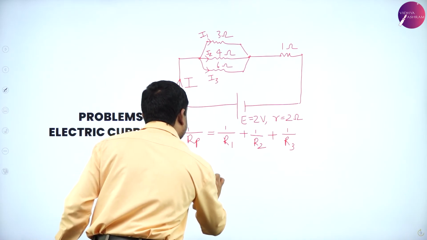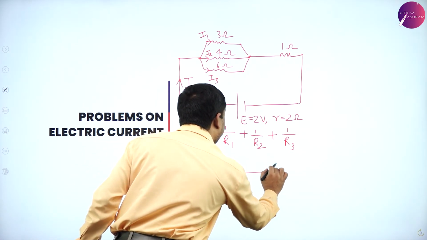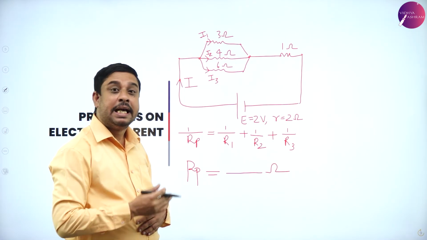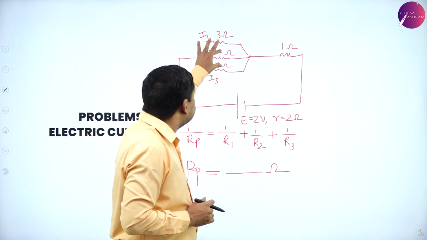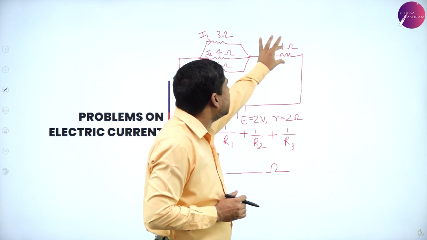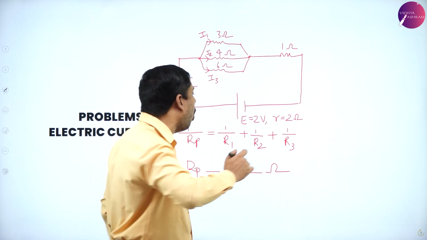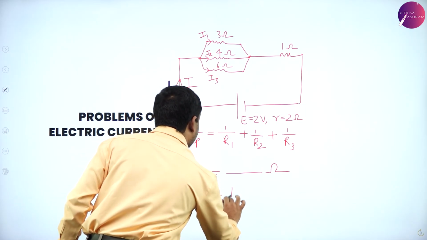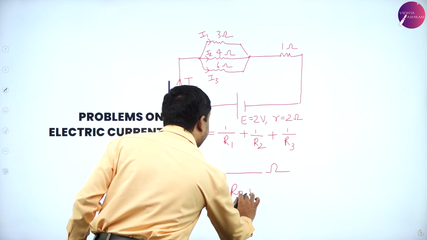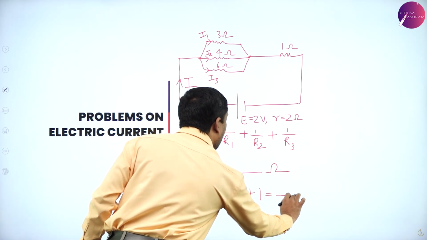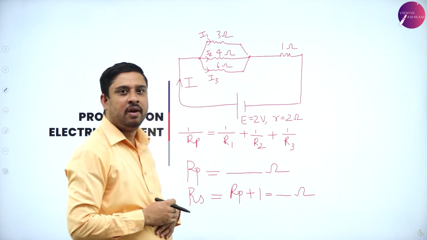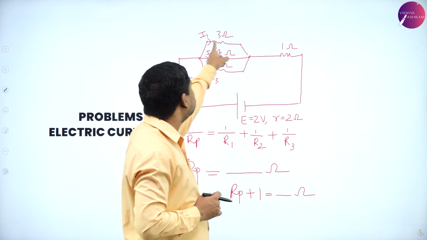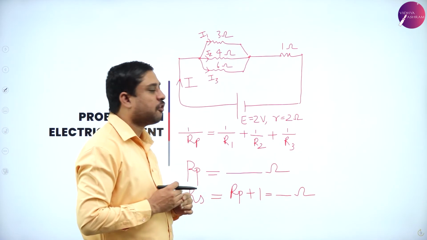Rp will be the reciprocal of the sum, so many ohms. Next, this Rp is in series with 1 ohm. So Rs is equal to Rp plus 1, so many ohms. So I have found out the effective resistance in this part of the circuit.